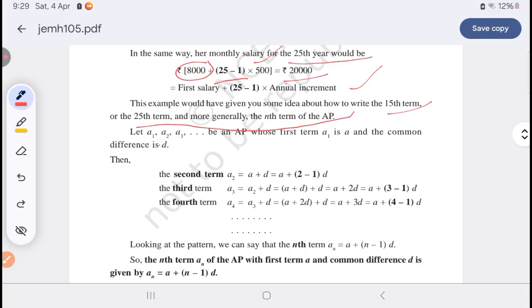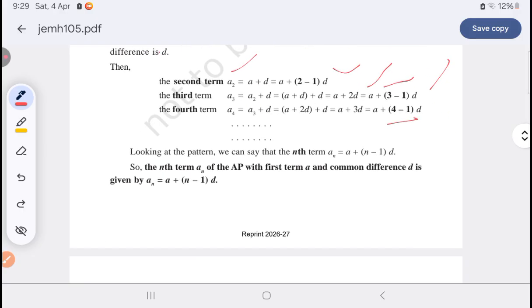So the nth term of the AP: the second term is a plus d, the nth term is a plus n minus 1 d. The third term is a plus 3 minus 1 d. Likewise you will get the nth term: a(n) equal to a plus n minus 1 d. This is the nth term formula.